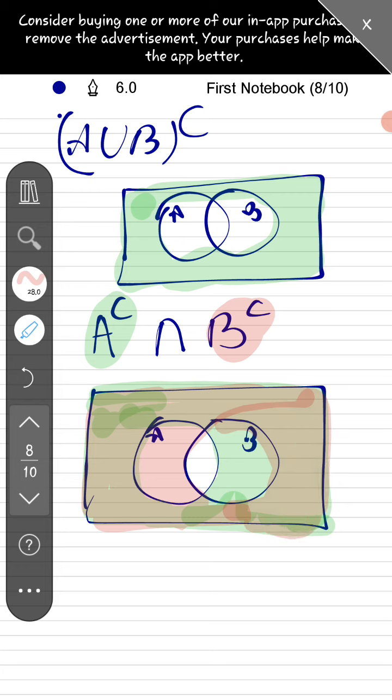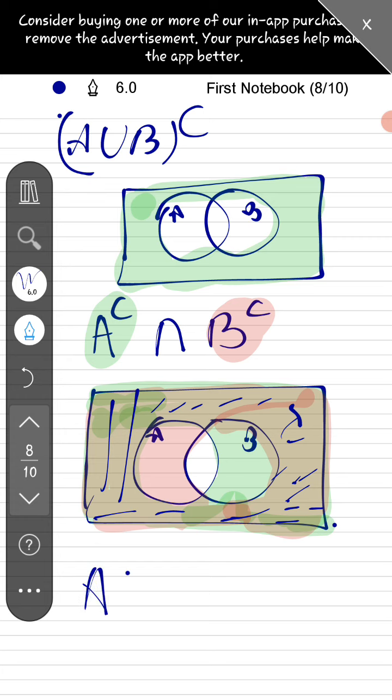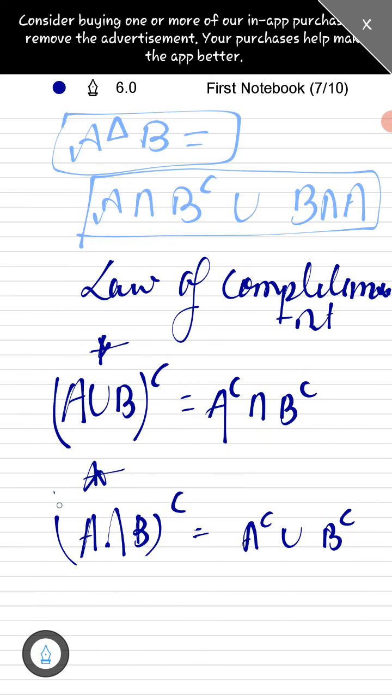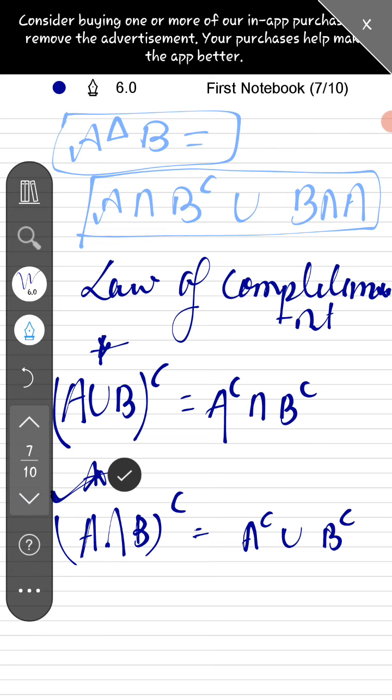And where you can see the mixing, that is the part, this part is particularly the answer. And yes, we have proved this out, and we can conclude that A union B whole complement is equal to A complement intersection B complement. And in a similar way you can prove the other one also, right?